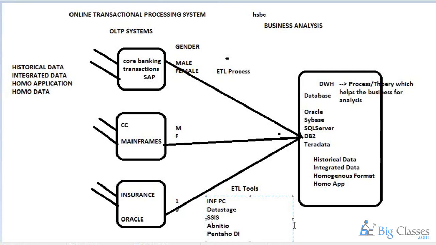So these are all the different ETL tools that we have within the market, which help us to create the ETL process. Means you design the extraction, transformation, and load process in order to load the data into the data warehouse.